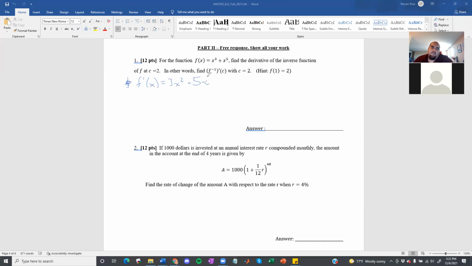Okay. Now we are really asking this. I want the derivative of the inverse at x equals 2. Right. Okay. So what's this equal to? Give me a sec.